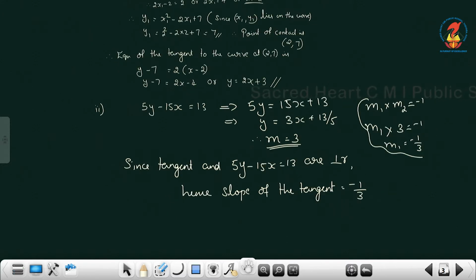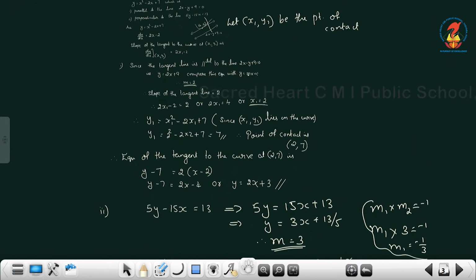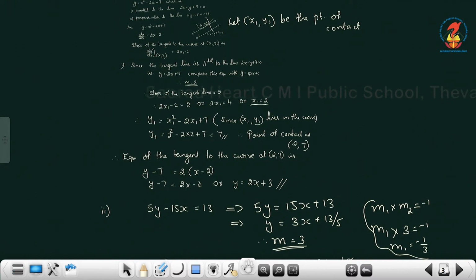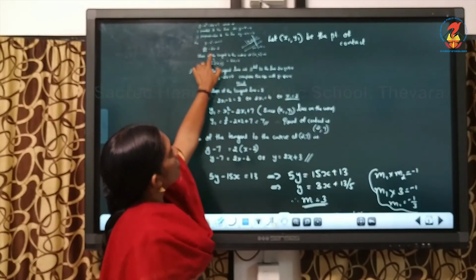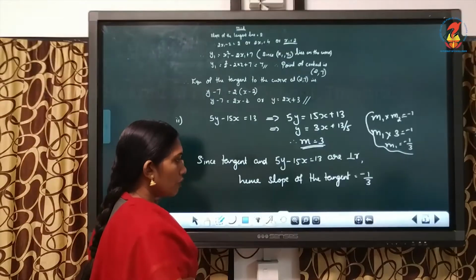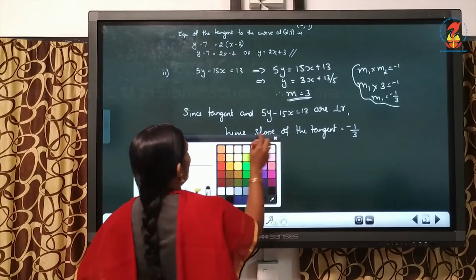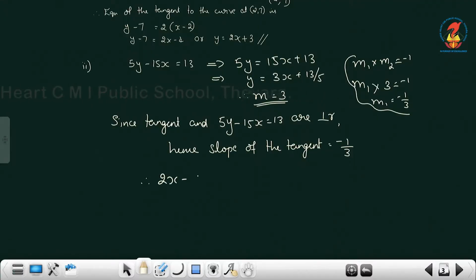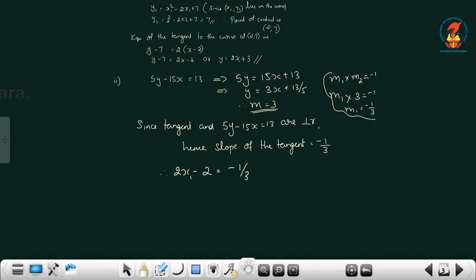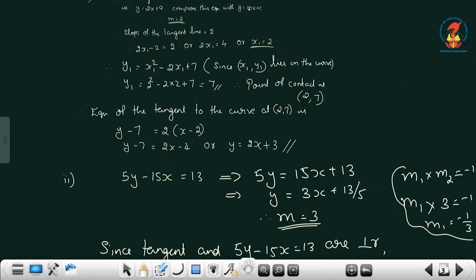Then, first we have found the slope of the tangent to the curve is 2x minus 2. Now, we have to equate that. Therefore, 2x1 minus 2 is equal to minus 1 by 3. Any doubt in that? Look here.